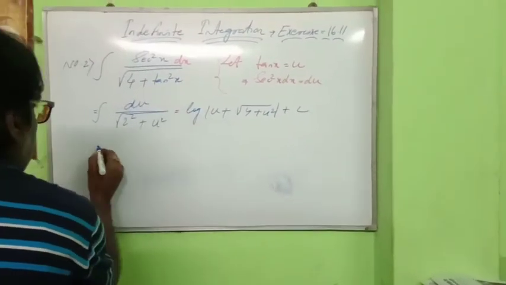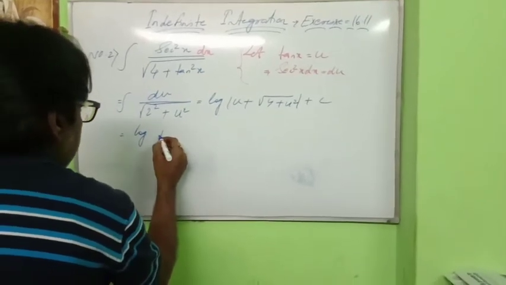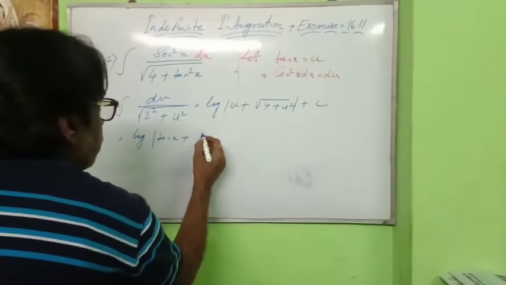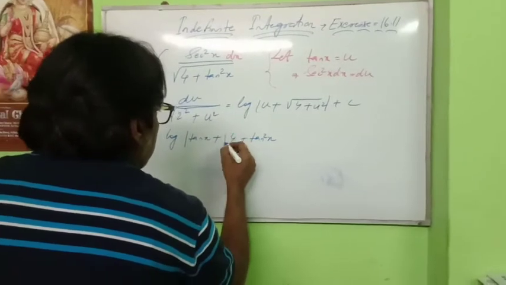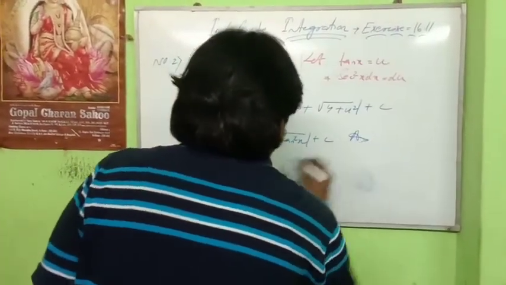Now put the value of u. Log, what is u? That is tan x, mod, plus root over 4 plus tan square x. Plus c. And this is the answer of number 2.